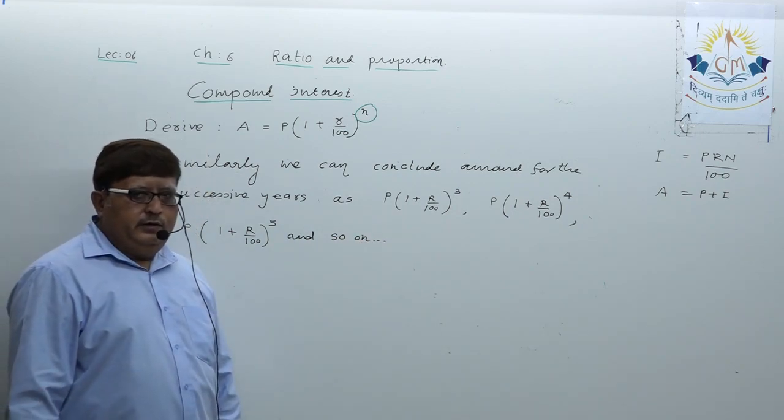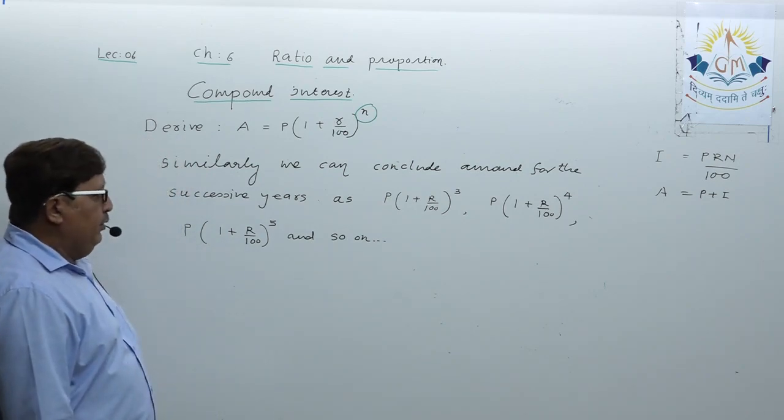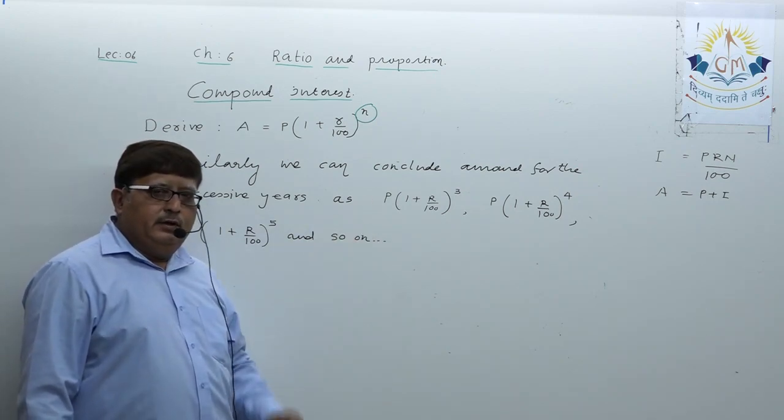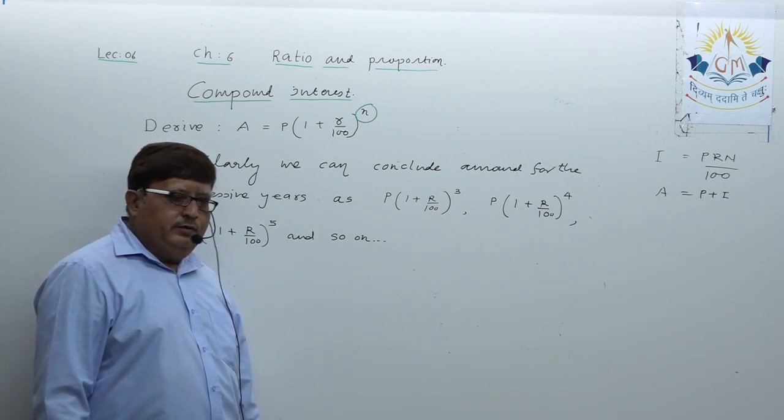First and second year you found out already. For the first year we simply got P into 1 plus R upon 100 raised to 1.